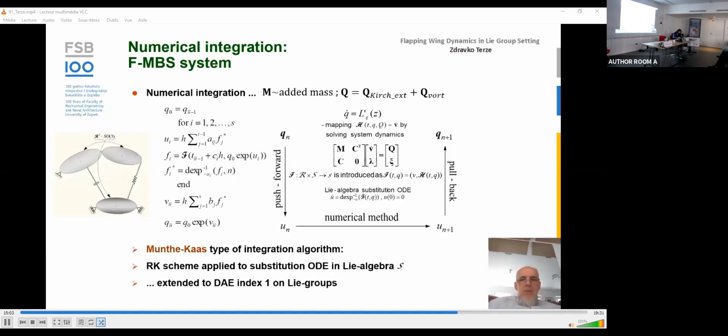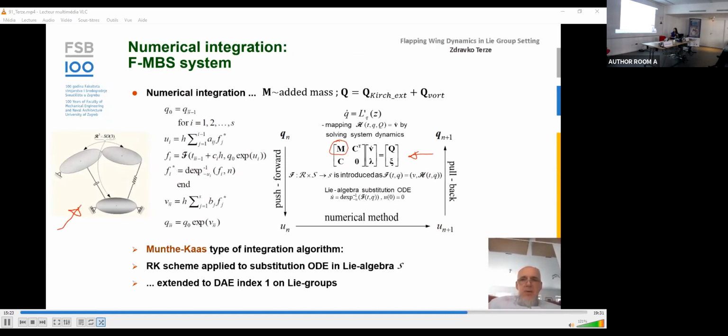Now, equations of dynamics of an immersed multi-body system in ambient fluid can be expressed in the same form as dynamics of a multi-body system moving in a vacuum, with the only difference that the added mass effect should now be incorporated in the system inertia matrix.